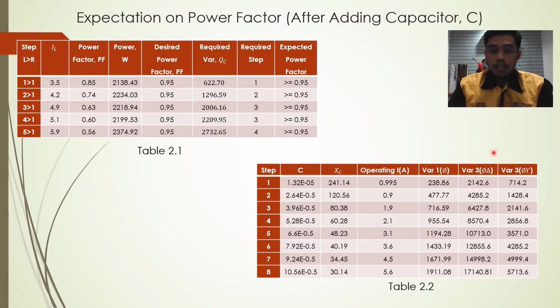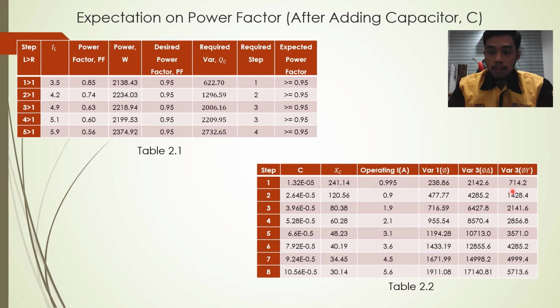After we find the value of the required VAR, we need to refer to this table here, where our system is VAR 3-phase Y connected or star connection. For example, this step is L greater than R, which is 1 greater than 1. The required VAR or QC that we calculated is 622.770. Therefore, we compare it to the nearest value to 600.